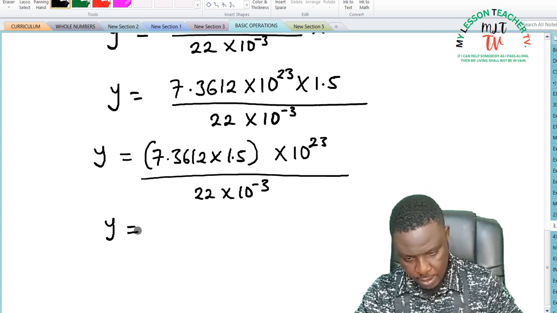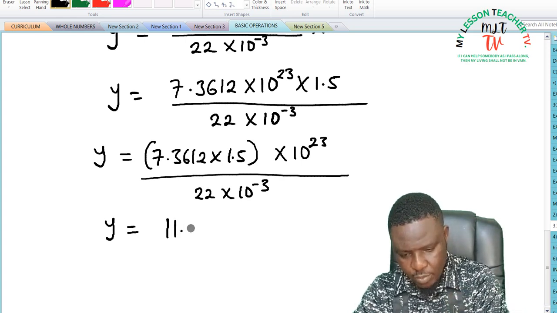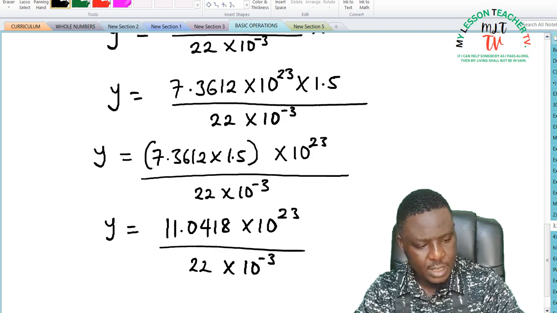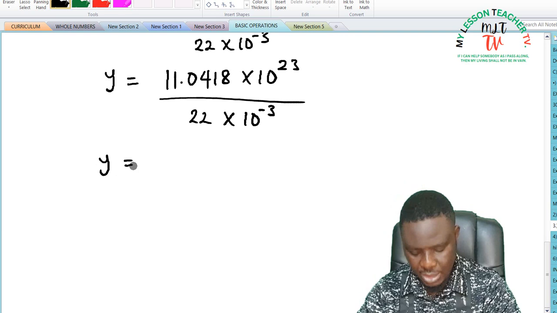Y is equal to, when you multiply 7.3612 by 1.5, it gives us 11.0418 times 10 raised to the power of 23, all divided by 22 times 10 raised to the power of minus 3. We shall then divide the numerator by the denominator.